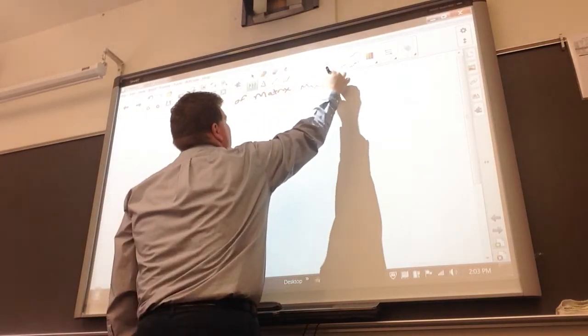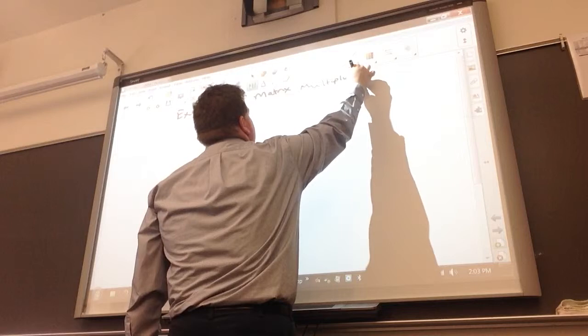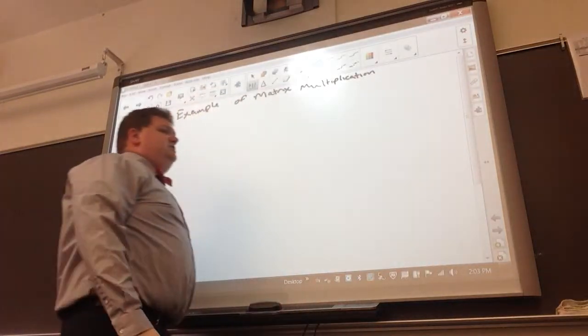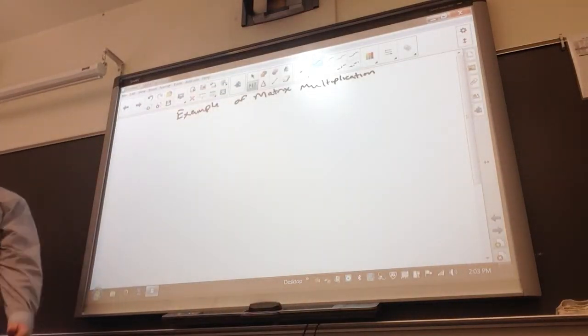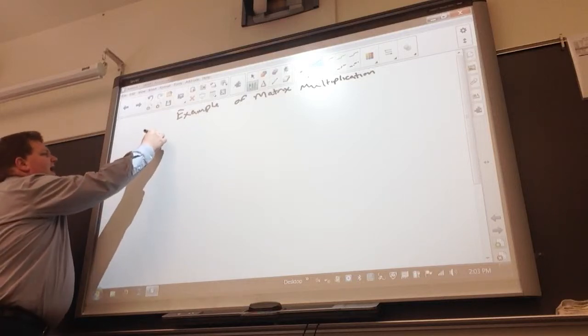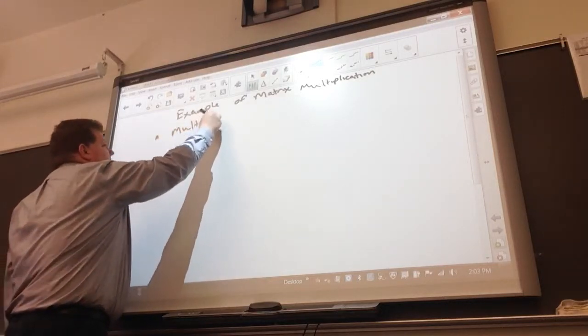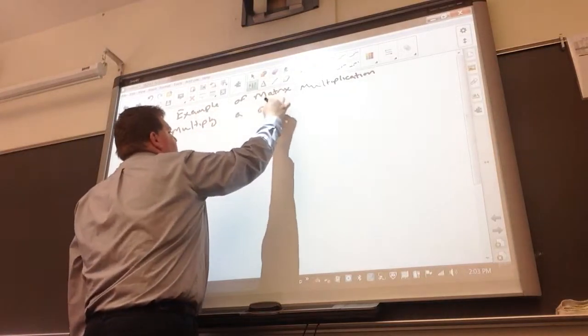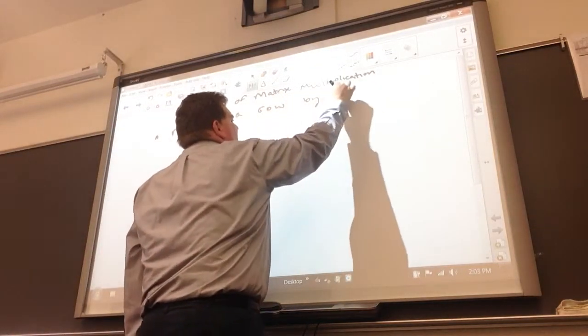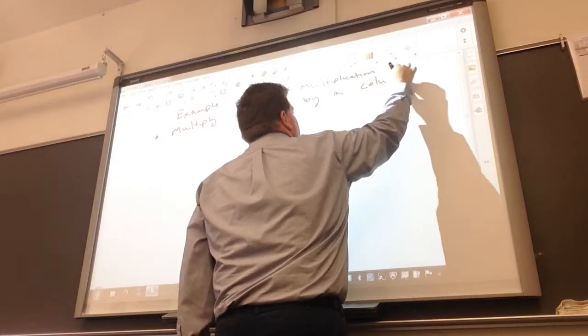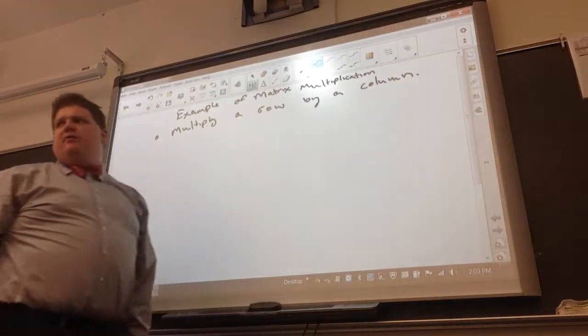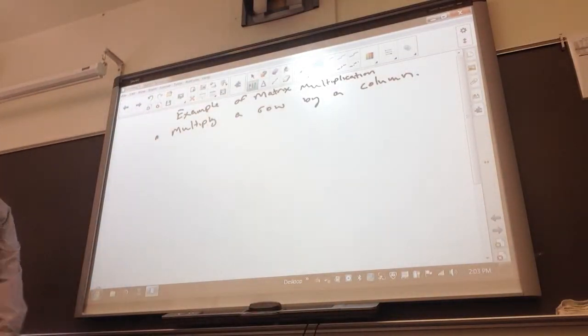The key with matrix multiplication is to remember, you're going to multiply a row by a column, okay? So you're basically multiplying rows by columns, and there's a specific way you do this.